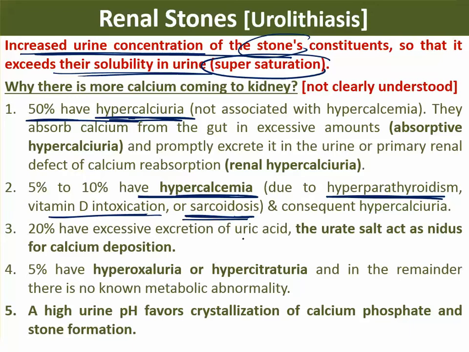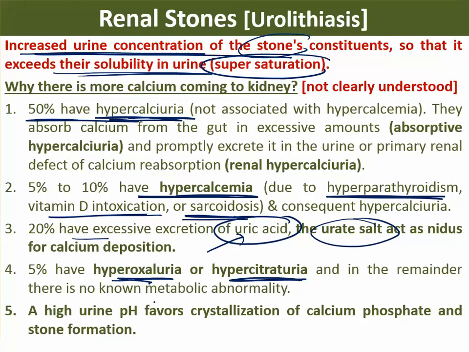And 20% happens because of uric acid. As I told you in the beginning, calcium also joins with uric acid and forms urate salt. It can also join with oxalates, oxalic acid, and citric acid. These are the reasons for calcium stone formation.